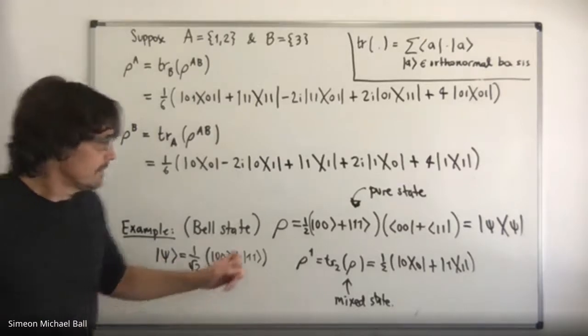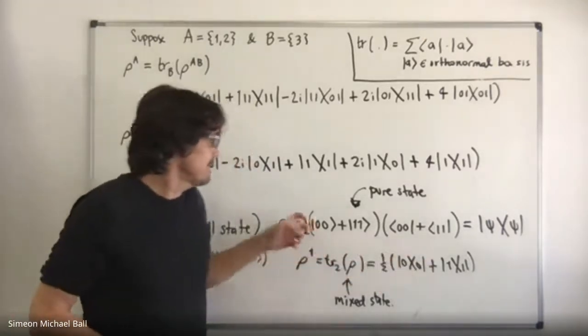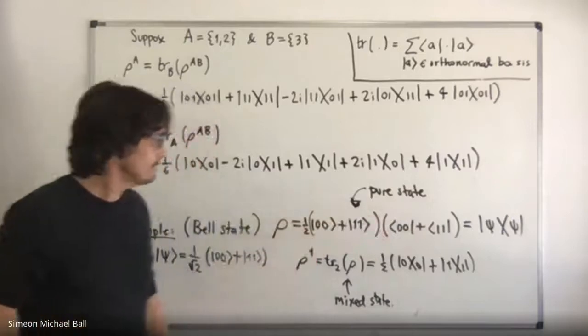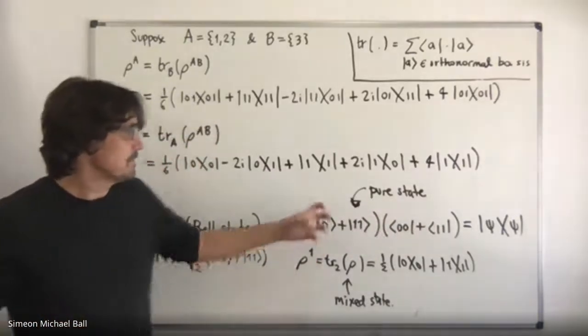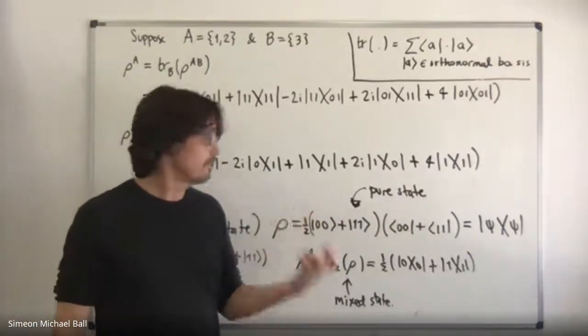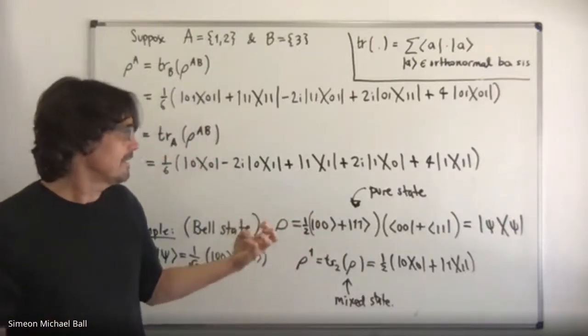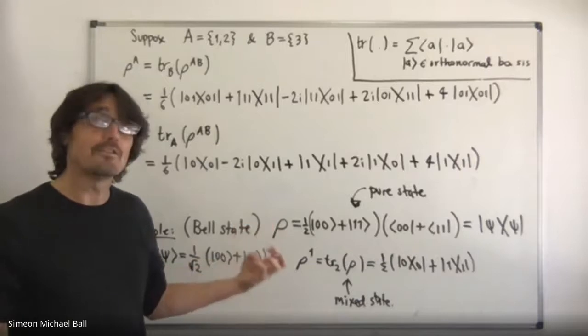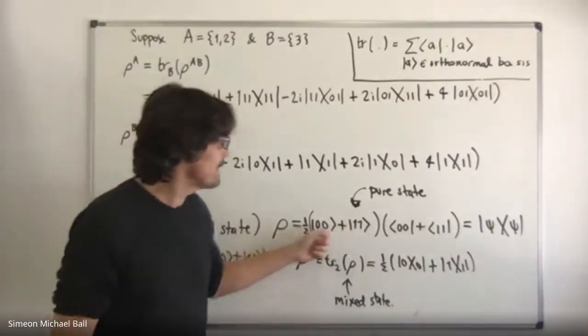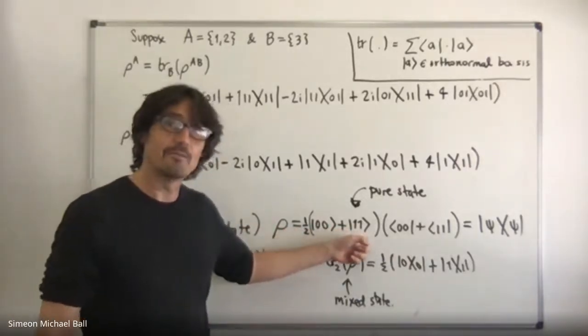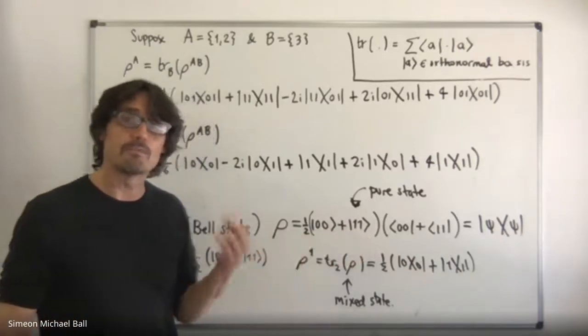So if we just have the pure state and look at the first qubit, you kind of go, well, I don't really know if it's in 0 or 1, because if we measure here, then we're going to get 0 half the time, 1 half the time.